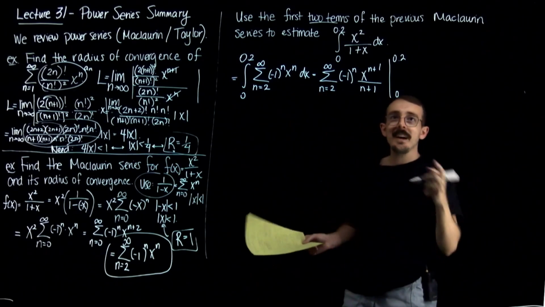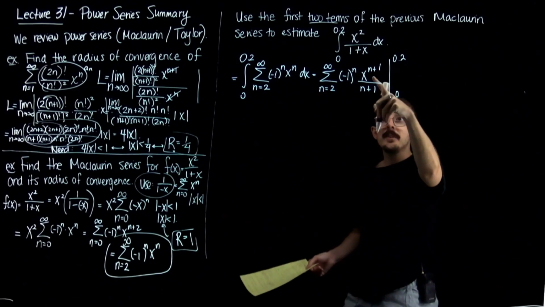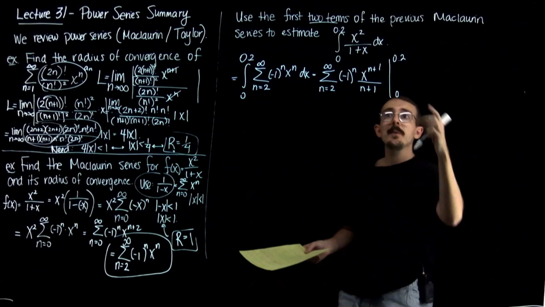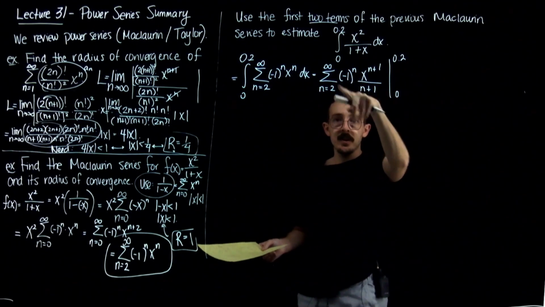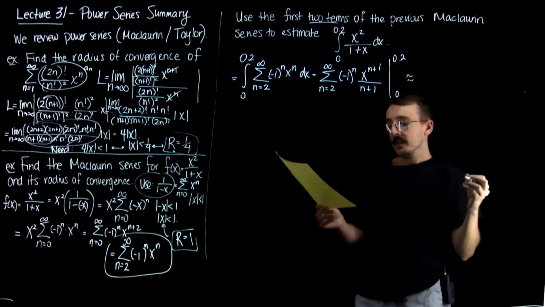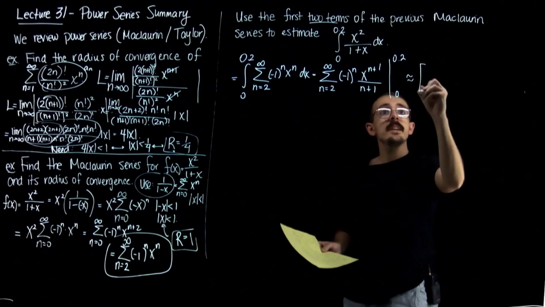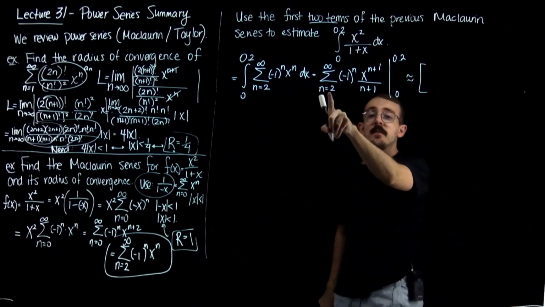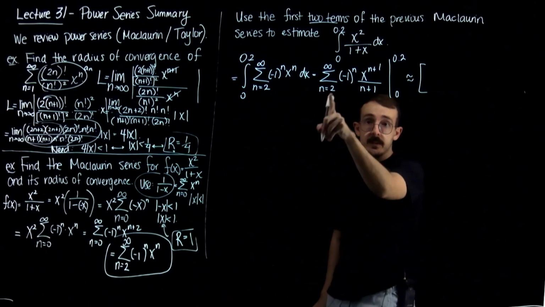I'm going to take note of the fact that if you plug in 0, you just get 0. So really I'm taking the first two terms of this expression and plugging in 0.2. So this is approximately equal to the first two terms. The first term is n equals 2, where the index starts.